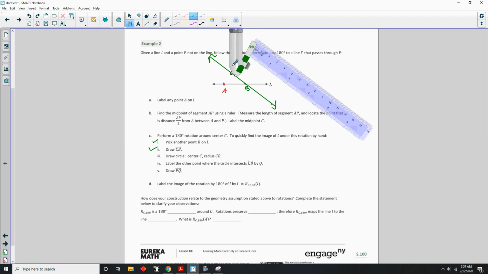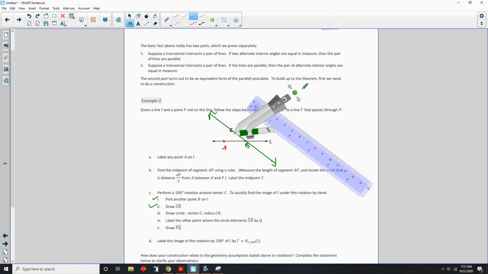Center at C means to put the point of the compass at C. Try to do this as accurately as possible. Right there. Radius of CB. Like so. Okay, so label the other point where the circle intersects line CB by Q. That's right over here. So that's Q.